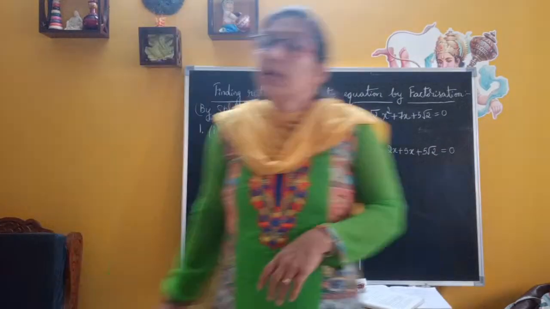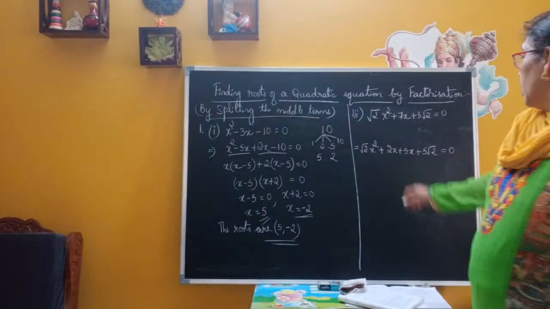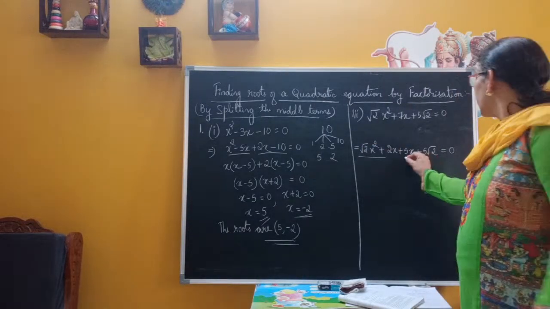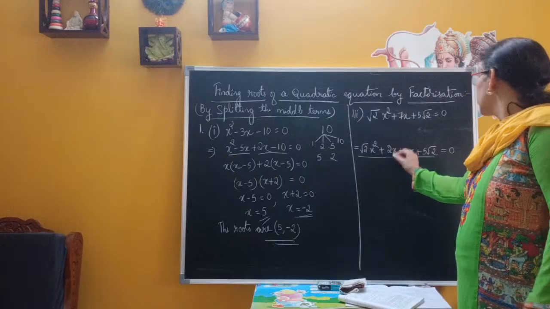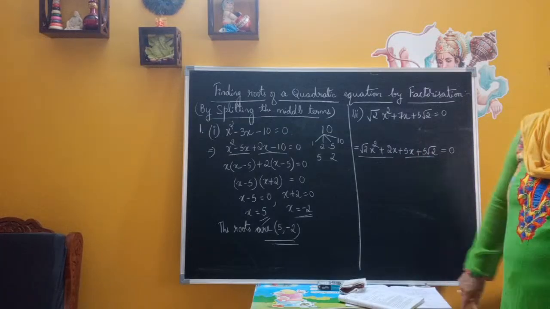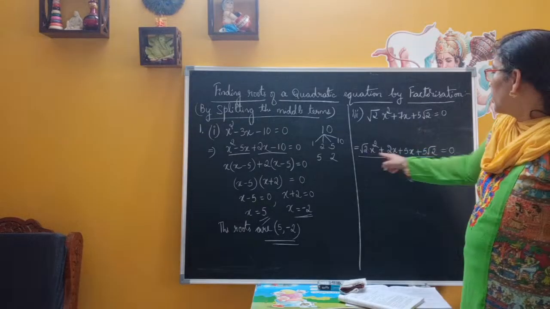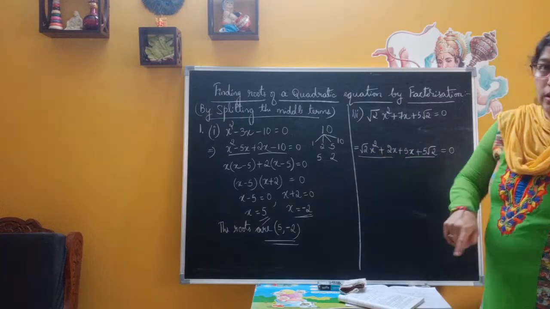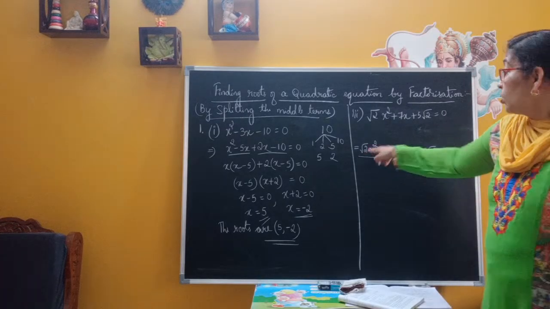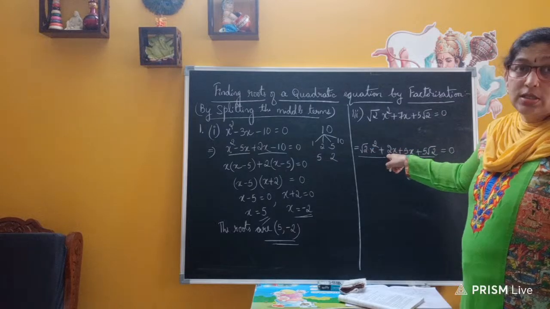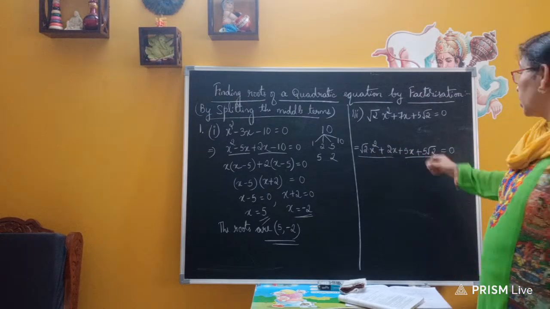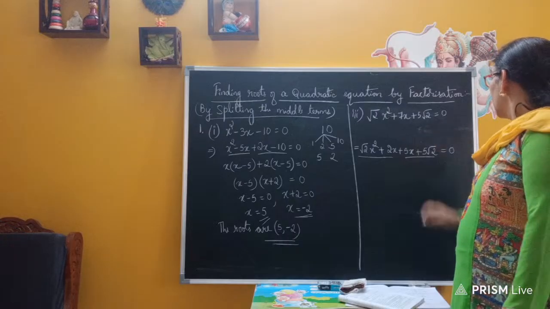Let us factorize now by grouping: root 2x square plus 2x is one group, and 5x plus 5 root 2 is the other group. What is the common factor of root 2 and 2? Root 2, because root 2 into root 2 we get 2, isn't it? So 2 divided by root 2, what do we get? Root 2 only. See, I'll show you.